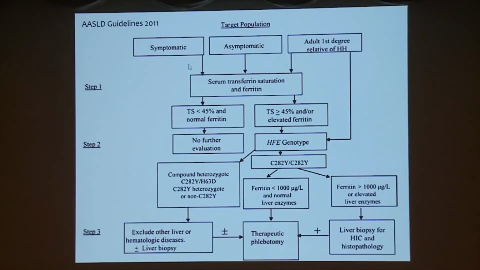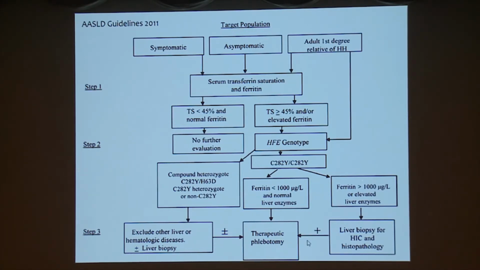Some will use serum transferrin saturation and ferritin as a screening. If ferritin and saturation are normal, no further investigation. But if there is a biochemical picture of iron overload, we can do HFE. If two founder mutations are confirmed, then depending on the ferritin level, you proceed to treatment.